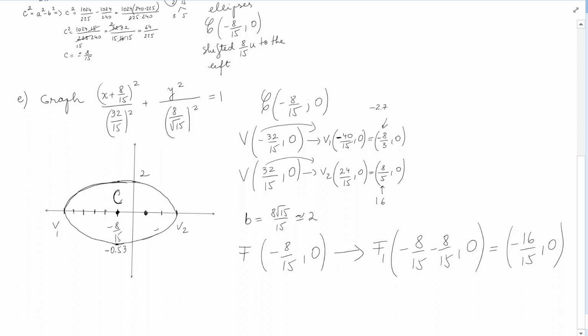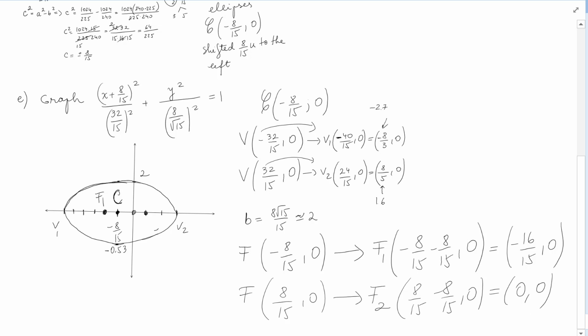This would be F1. And then F2 would be at 8 over 15, 0, but because it was shifted, it's 8 over 15 minus 8 over 15, 0, so that makes it 0, 0. So this one was F1 and F2, and here is the center.